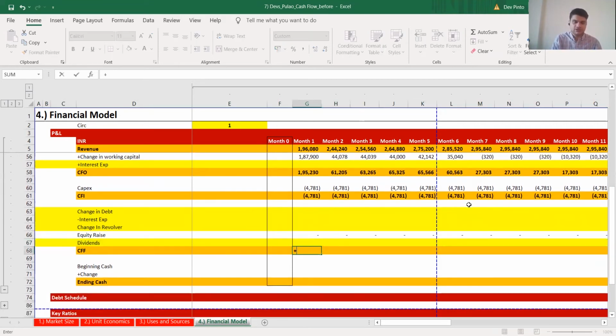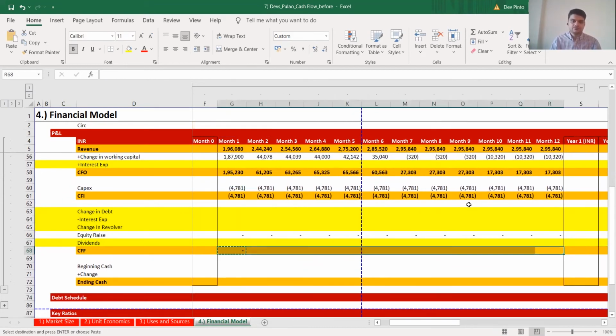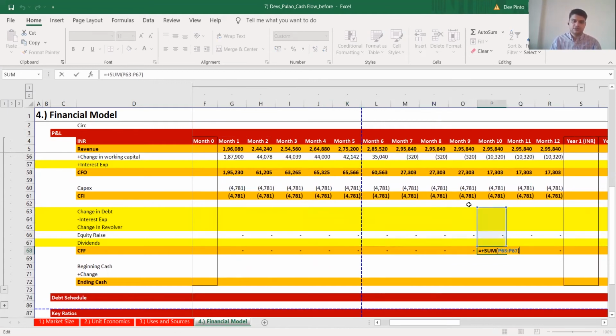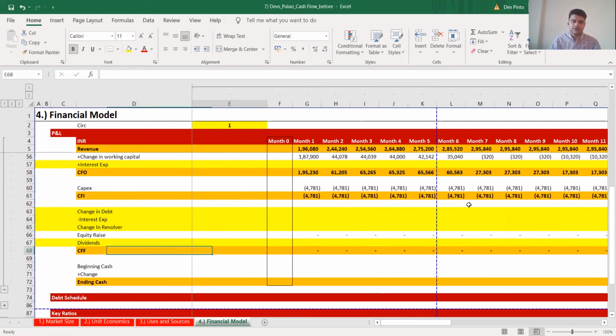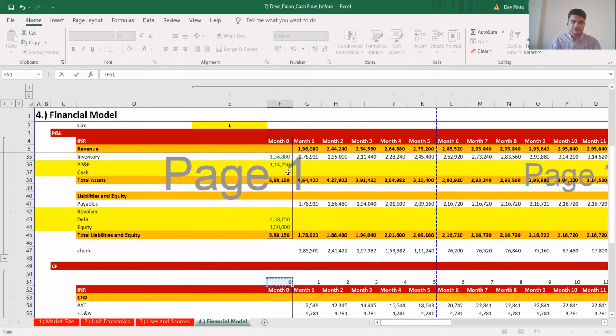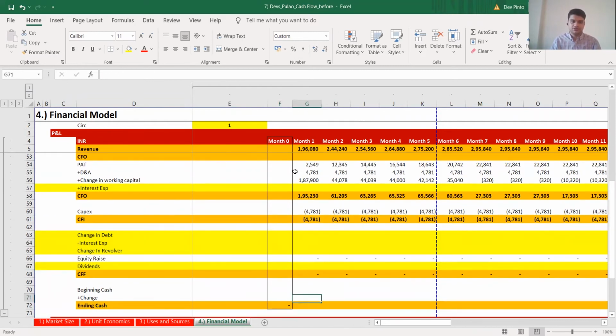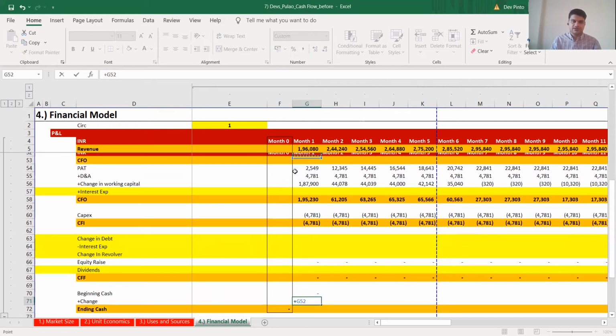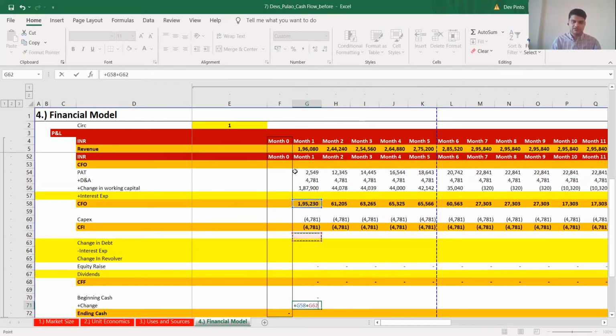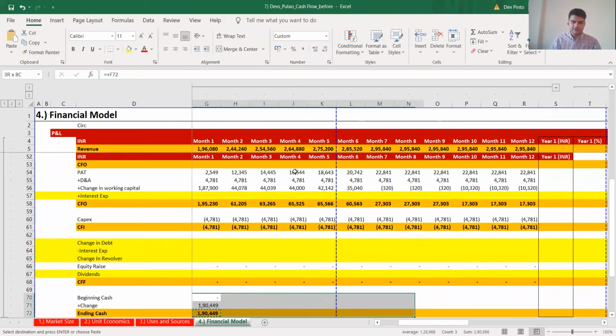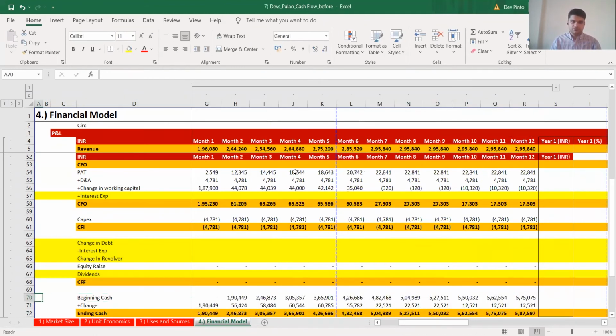So let's just compute CFF. We put the formula in, right? And now let's go to this ending cash over here, which was 0, beginning cash, ending cash. Change will be nothing but CFO, CFI, CFF. Sum these up. Just drag and drop all of this.